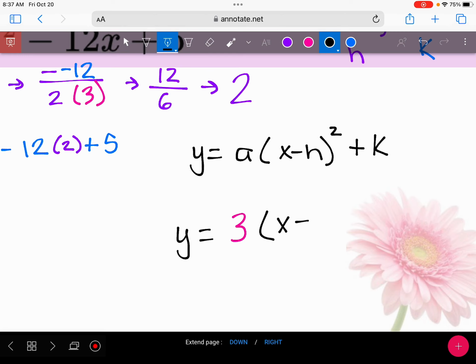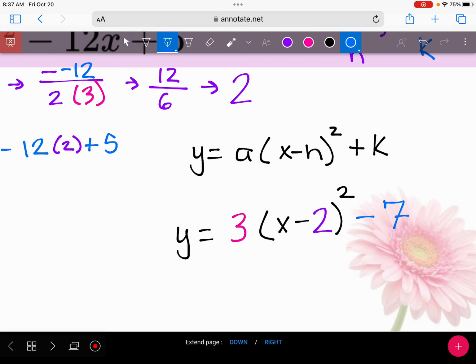X minus our H, what's our H? Our H is positive 2, but it's x minus 2. Squared plus K plus negative 7, so minus 7.